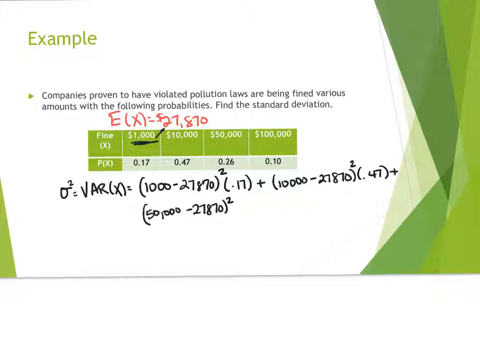I forgot to square that one. Squared, multiplied by 0.26, plus 100,000 minus 27,870 squared, times 0.10.